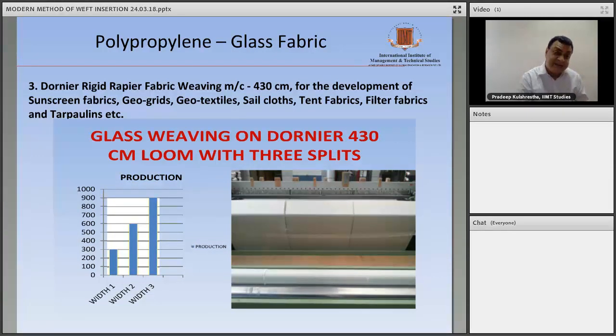Now in the same way, you see here, for the symmetrical width of the glass fabric they are making 3 widths. If they make 1 width, machine capacity will be only 33%. If they make 2 widths together with the same weaving cycle, machine utilization will be 66%.